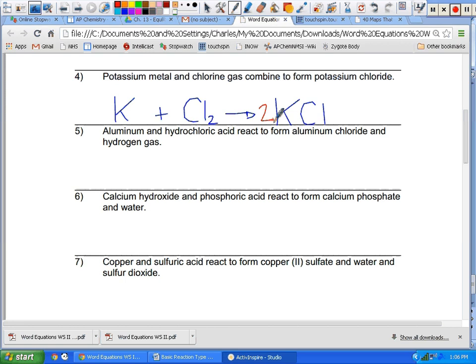So the diatomic thingy only matters if it's single. Bingo. Why did I not put a 2 back here? Well, there's a Cl, that's a diatomic. No, because it's with K. You're exactly right. The only time it's a diatomic is when it's by itself. You'll never write that letter by itself ever.